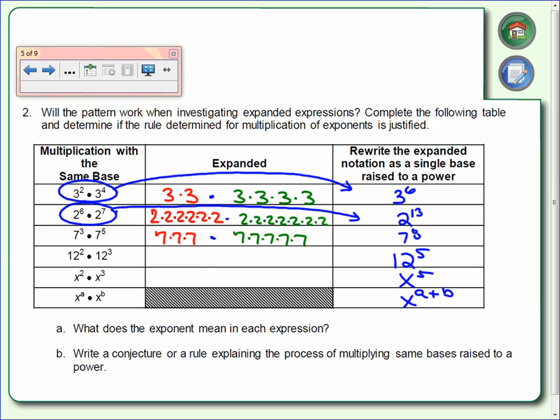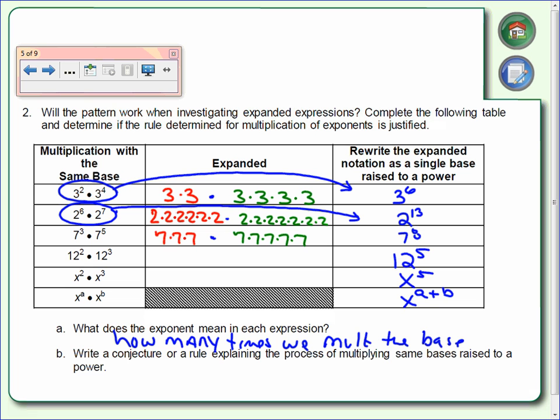The exponent represents how many times we multiply the base. So we have an exponent of 2. That's how many times we're going to multiply the base. If the exponent was a 5, well, that's how many times we're going to multiply the base. That's what the exponent is.